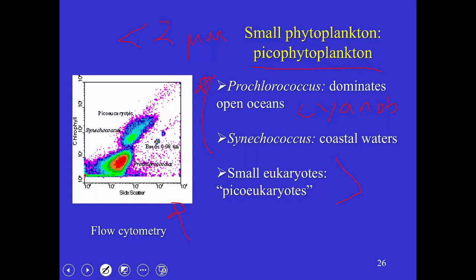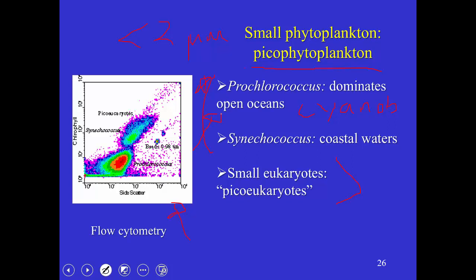And it was applied by Penny Chisholm at MIT, among others, to look at these phytoplankton. It was through the use of especially flow cytometry that Prochlorococcus was discovered back around 1986.